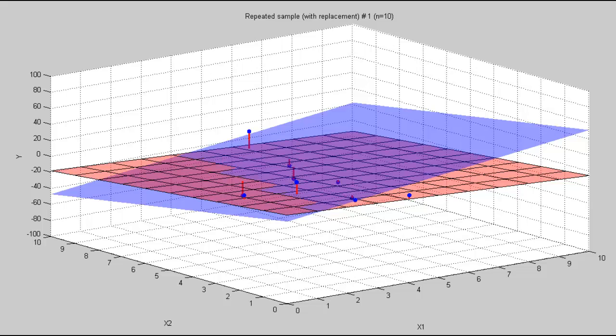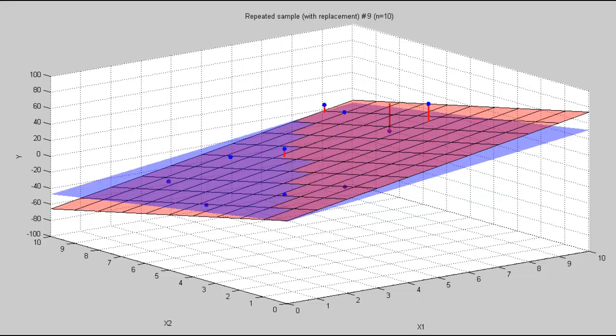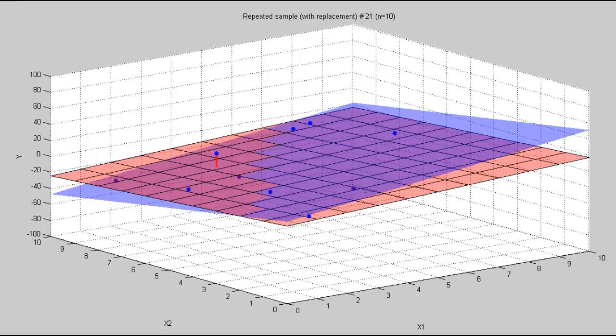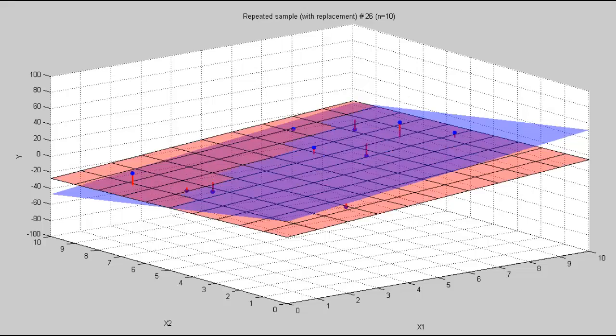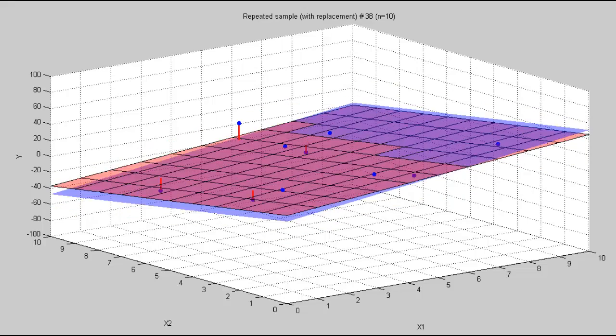And let's just do that again and again and sort of watch how the estimation procedure performs in repeated samples in the target population. So what you can see is that there's a lot of variability. And some of the samples are actually very close to the target population, and some are quite different.